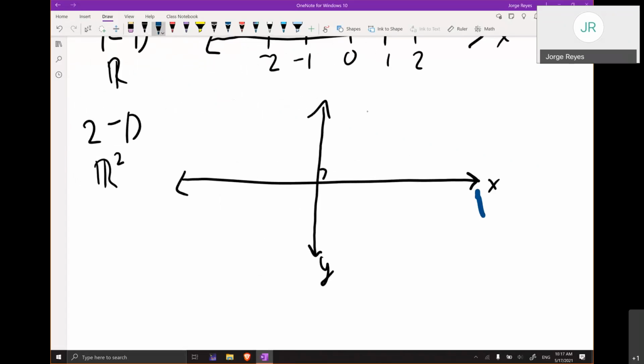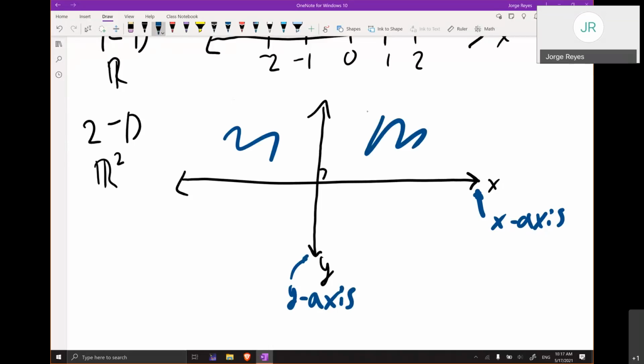So these are called the axes. This is the x-axis. This one is the y-axis. These are called quadrants because there's 4 of them. And we number them counterclockwise. So this is the first quadrant.